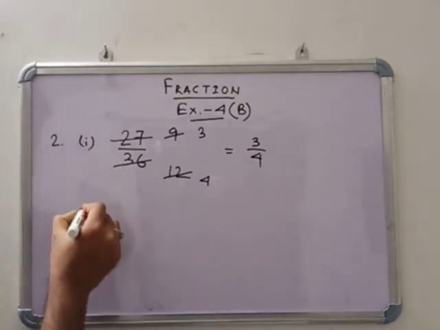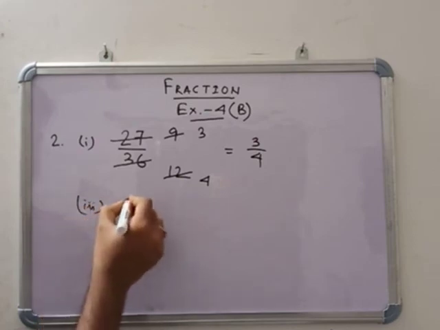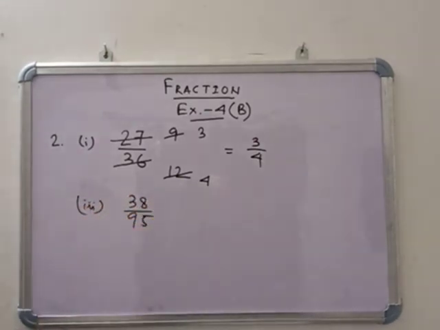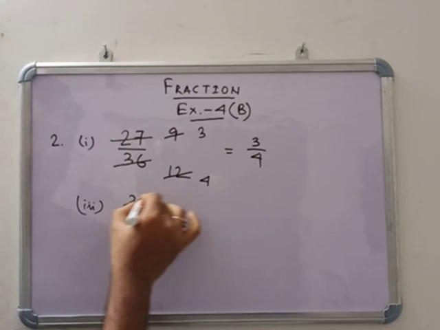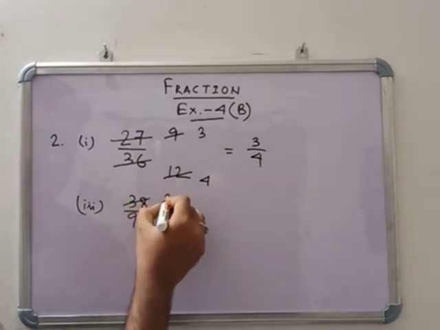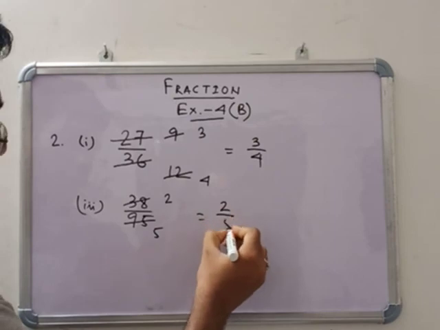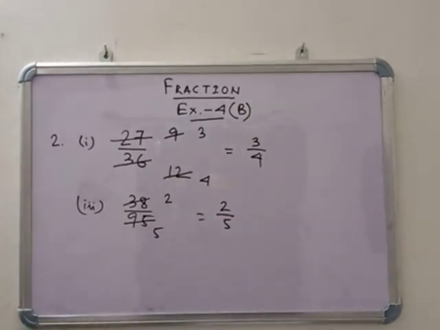Next one, number 3, 38 by 95. Some of them are complicated, some are easy, because this is divisible by 19. This is 2 by 5. Otherwise, you can use the HCF method.